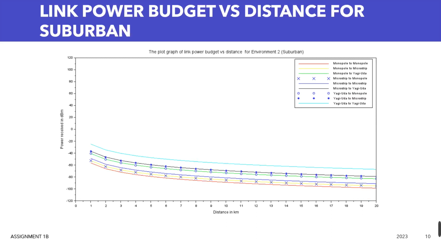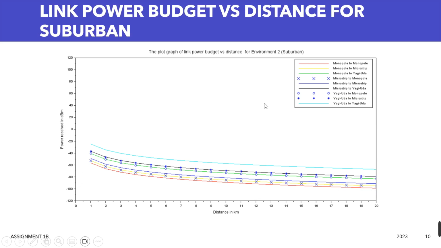The lowest one is monopole to monopole, the red one, and for a distance of 1 kilometer, it is around negative 60 dBm, and it goes lower when the distance is increased. The power received will decrease. And for the 20 kilometer distance, the power received for monopole to monopole is around negative 90 dBm.